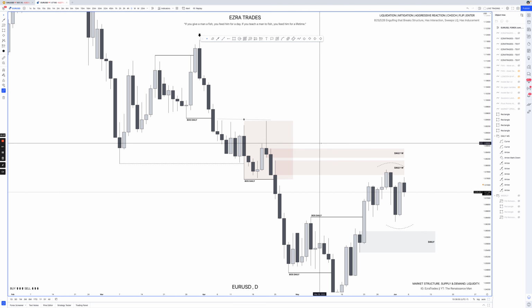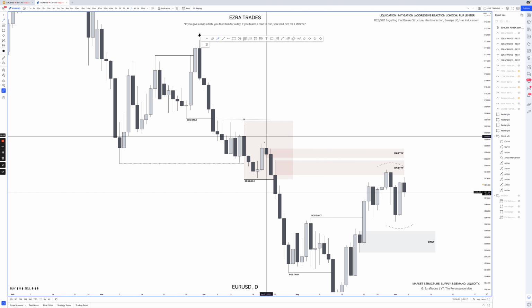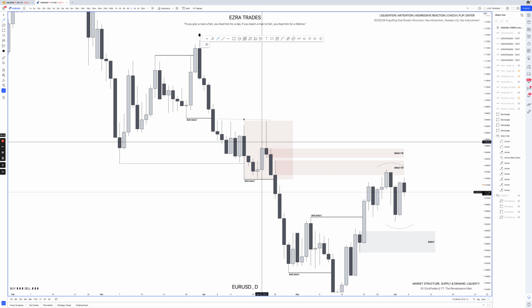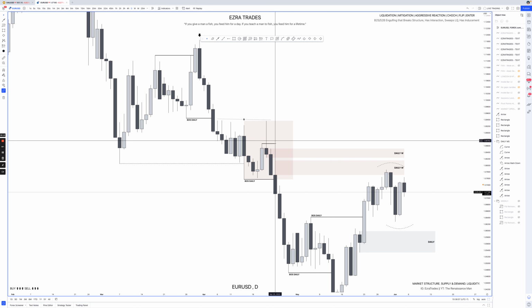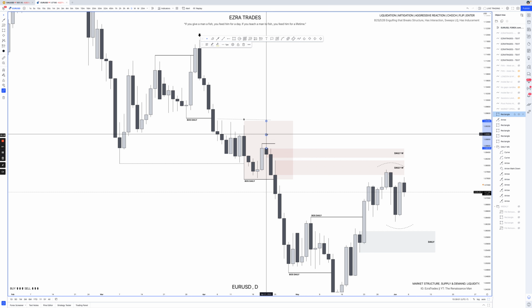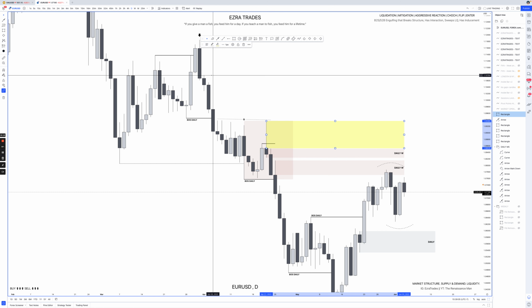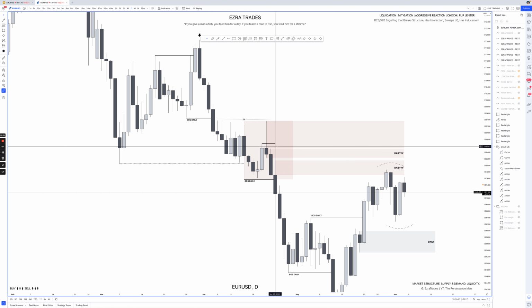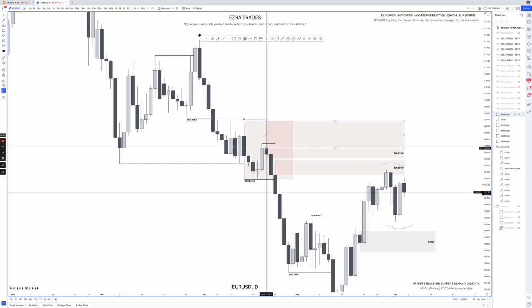Now, the other trick that I wanted to show you, this is something that I do that I found works high probability. When I have very long wicks like this, a lot of times I've noticed that people usually mark out the entire wick like this as the specific POI. One thing that people forget is when we cause a sweep, anything above that sweep is going to be what's unmitigated.